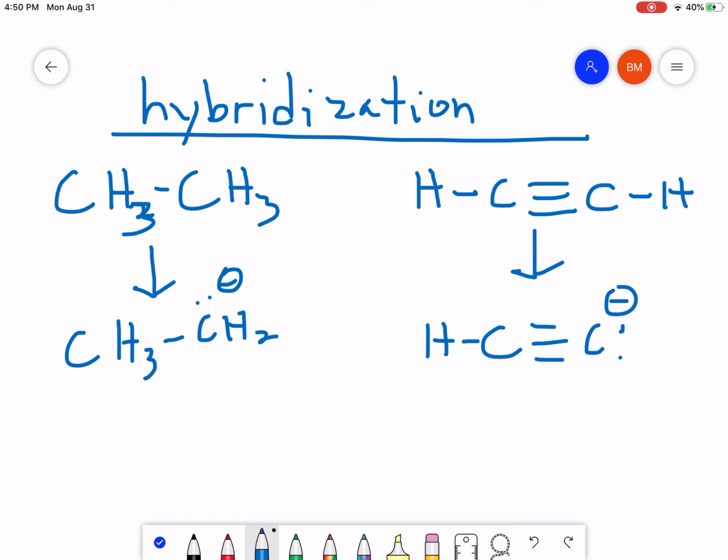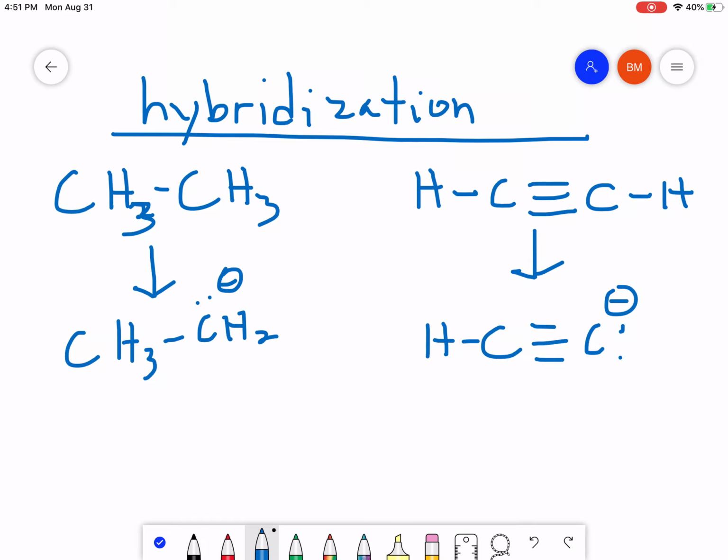Let me backtrack a little bit. This part is a little bit abstract to some people, and so they have a hard time getting their head around it. So if you need some clarification on this, please don't hesitate to ask. What I want you to think about right now is individual orbitals, individual s orbitals and individual p orbitals, even before they hybridize.